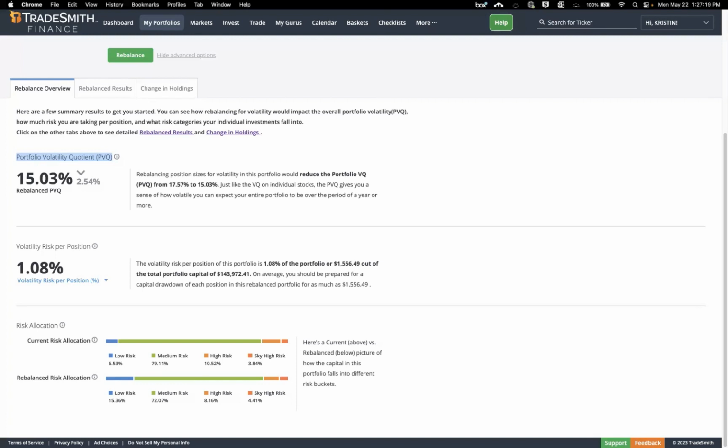Specifically, we look at the individual VQs of the holdings and the price cross correlations between the holdings to determine this overall PVQ. Also, I do want to let you know, you will typically have a higher PVQ if the holdings are correlated, or if they move up and down together in the market, okay?